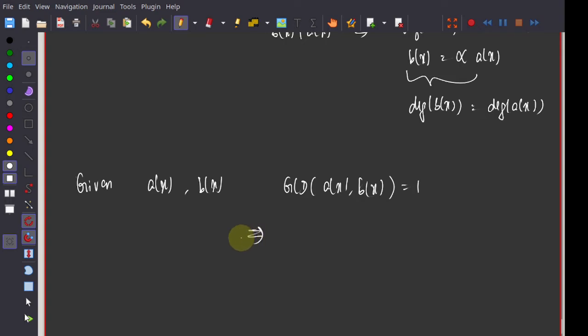This implies a necessary and sufficient condition for the GCD of any two integers or any two polynomials being equal to 1: you can find other polynomials alpha of x, beta of x, such that a of x alpha of x plus b of x beta of x equals 1.